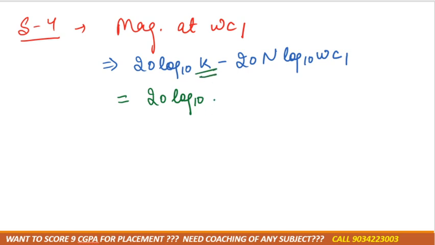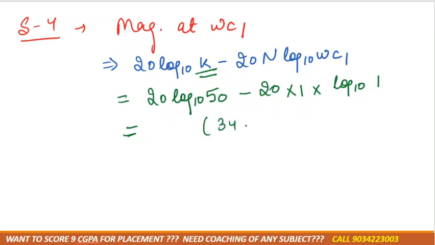Tell me. It's 50. Minus 20. N is 1, log base 10 omega is also 1. So after solving, what we'll get? So after solving it, we'll get 34 decibel, right?